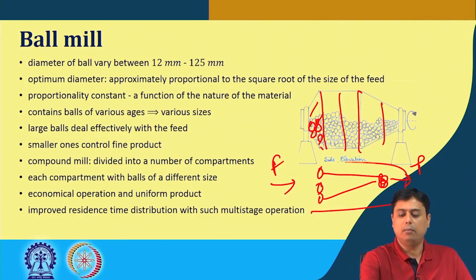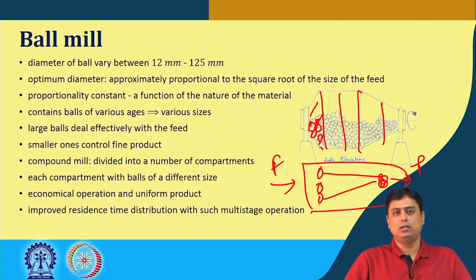In this way, by this multi-stage operation, we can have economical operation and uniform products. We can also improve the residence time distribution with such multi-stage operations because of these vertical screens. Otherwise, in single stage operation, what could have happened? It is a kind of one-stage process that assumes a uniform product.